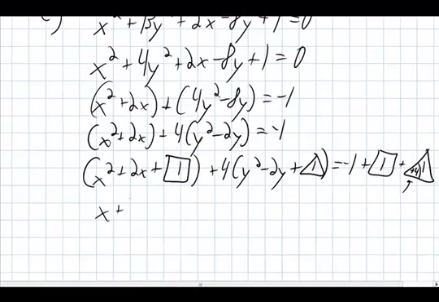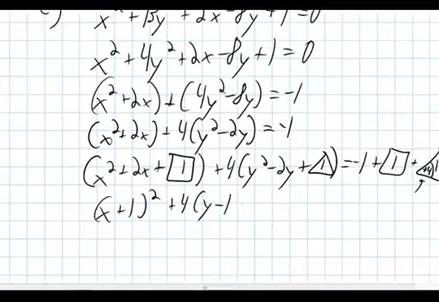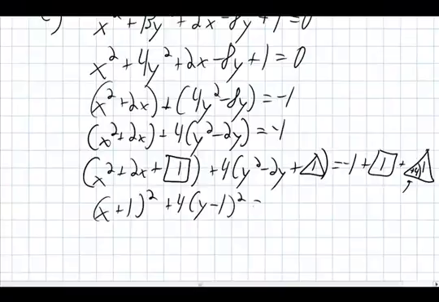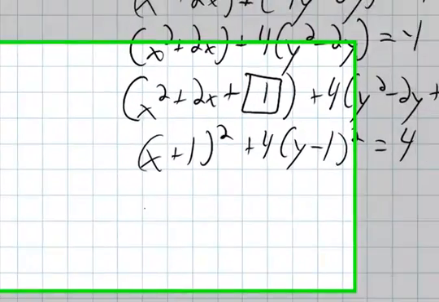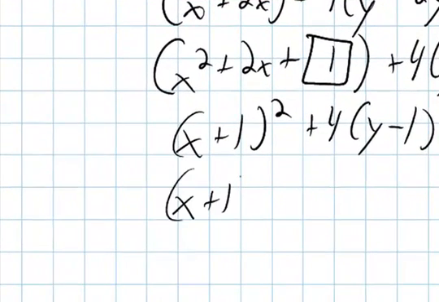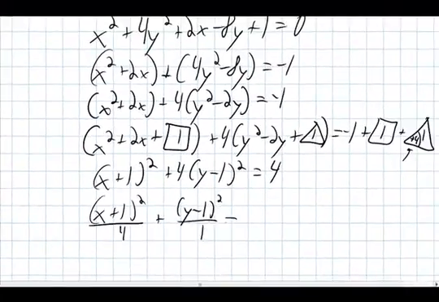Factor, you get x plus 1 squared plus 4 times y minus 1 squared equals 4. Divide both sides by the 4, and we get x plus 1 squared over 4 plus y minus 1 squared over 1 is equal to 1.